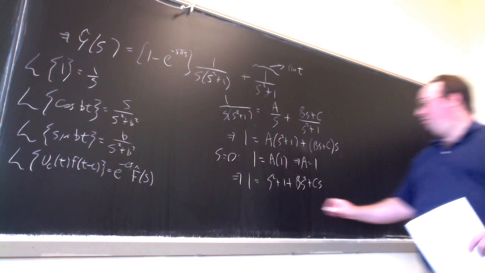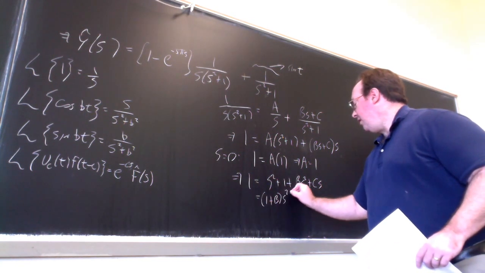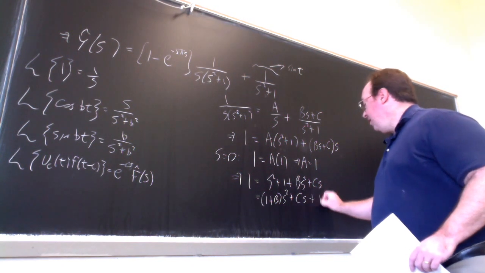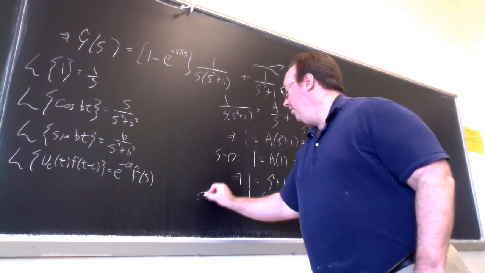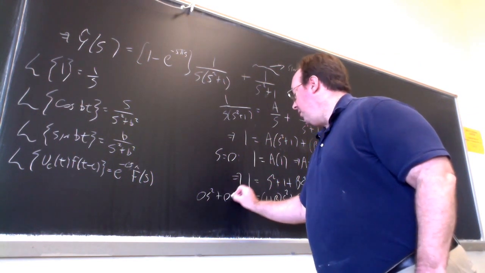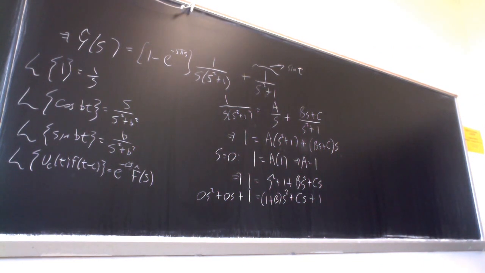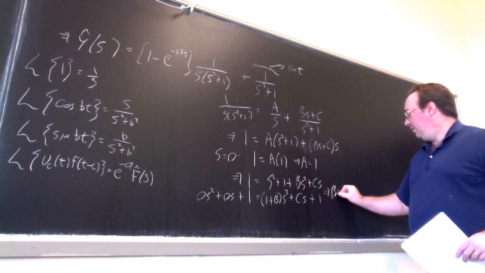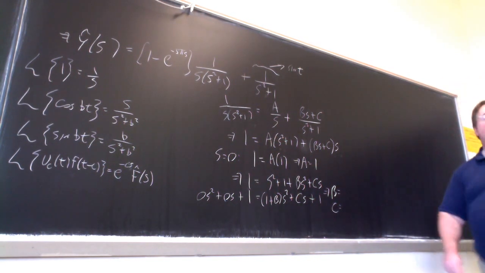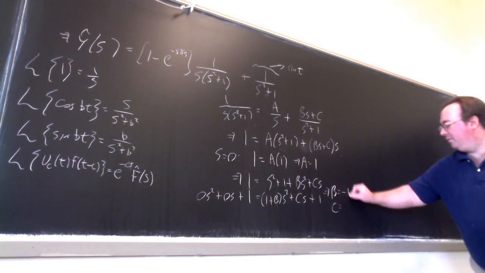So if I group like terms, then we have 1 plus b times s squared plus cs plus 1. And I could write this as 0 s squared plus 0 s plus 1, and just match up the coefficients. So what does that tell you about b and c? B is -1, c is 0.